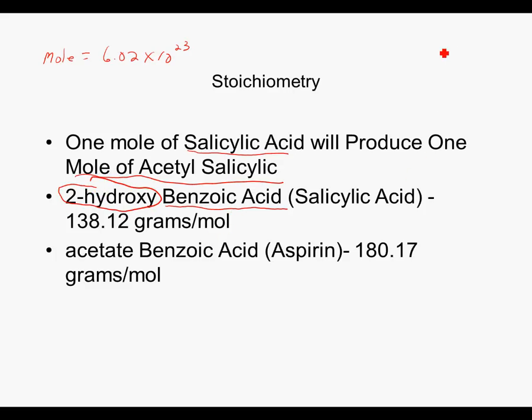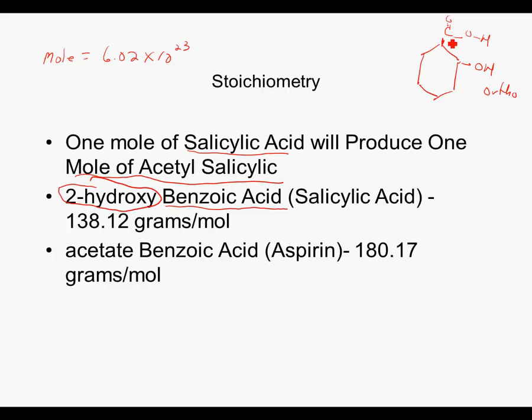So in the naming process, because we had a benzene ring, as we discussed in class, the carboxylic acid functional group was on the top, and the OH group was in the second position relative to this one. We also told you in class we call that an ortho position. Okay, so it was ortho.